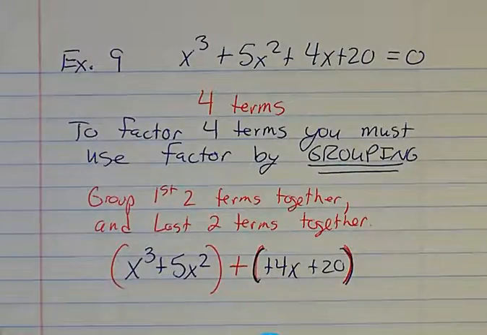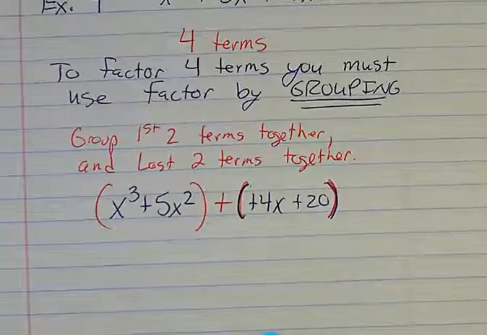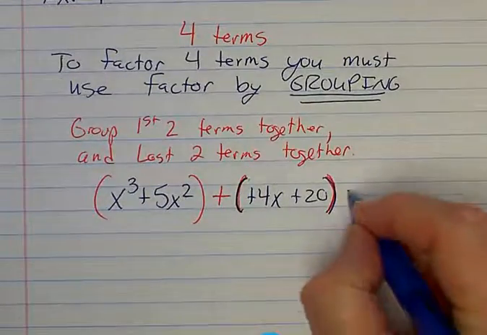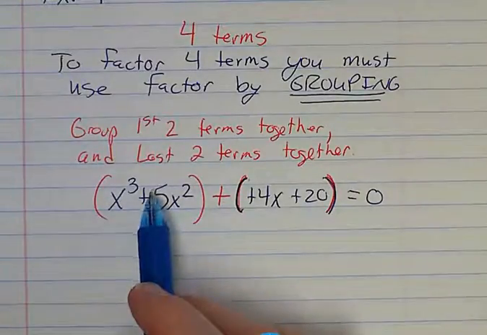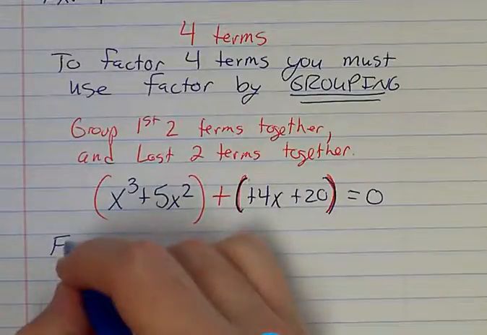But if you think about separating it, it's always going to have a plus sign in the middle. Sometimes that helps with making sure everything gets to where it's supposed to be. So take your first two terms, put them in a group together. Take your last two terms, put them in a group. And then find the GCF of each group.